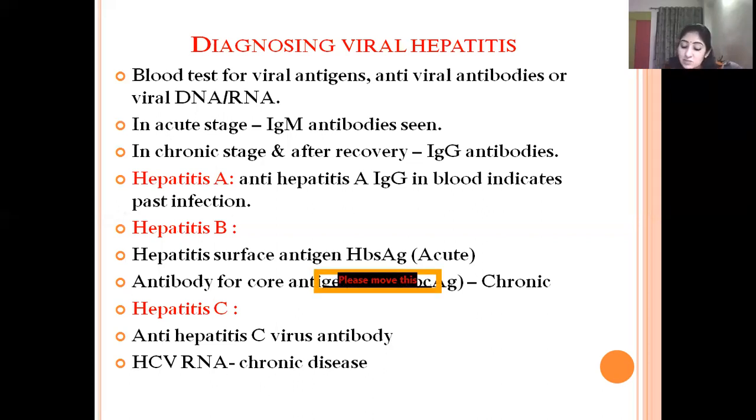And always remember one thing, this Australia antigen appears 6 weeks after infection and it usually disappears by 3 months. Then in hepatitis B, antibody for core antigen, that is anti-HBc, is found, usually in chronic cases. In hepatitis C, anti-hepatitis C virus antibody is seen, and in chronic cases, HCV RNA, hepatitis C virus RNA, is detected.